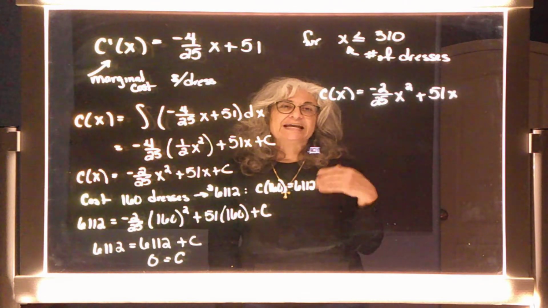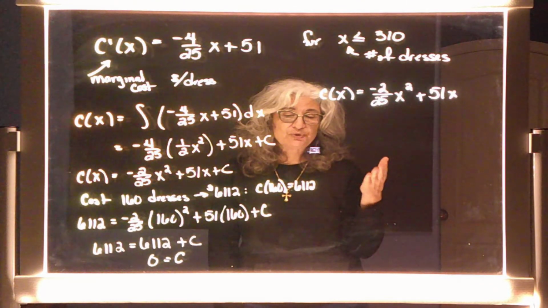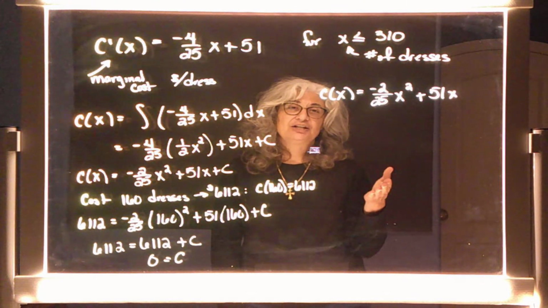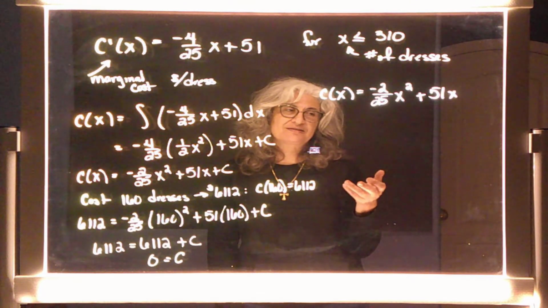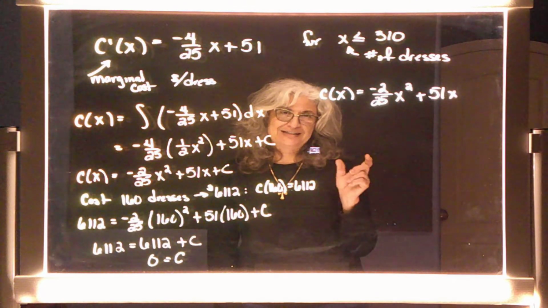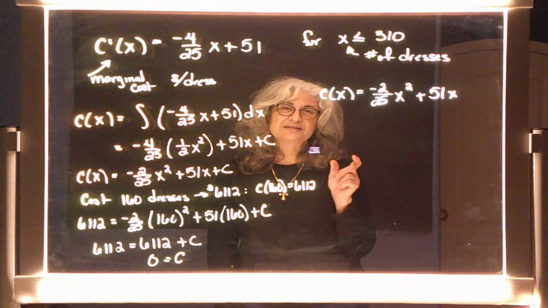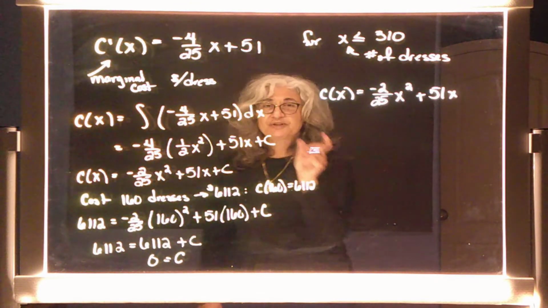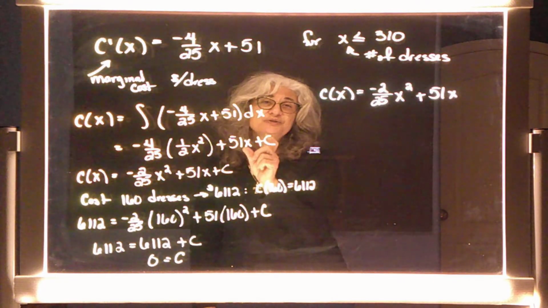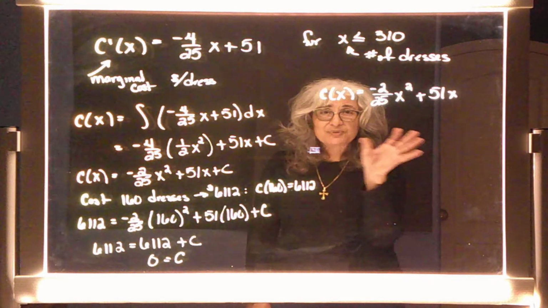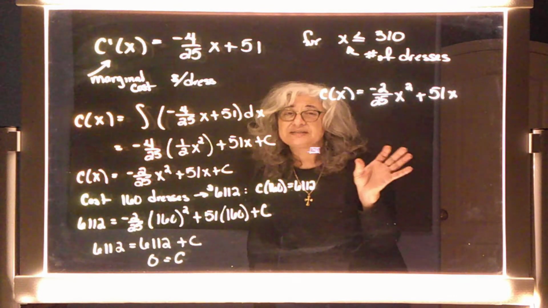If you actually do that, you're going to find the cost of 60 dresses, right? But those 60 dresses aren't supposed to be the first 60 dresses. Those 60 dresses are supposed to be between 161 and 220.